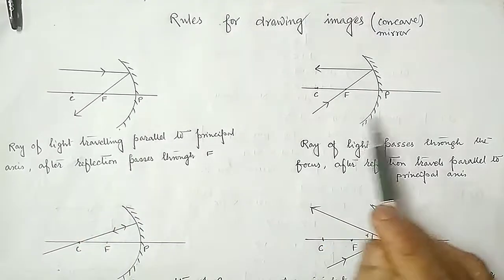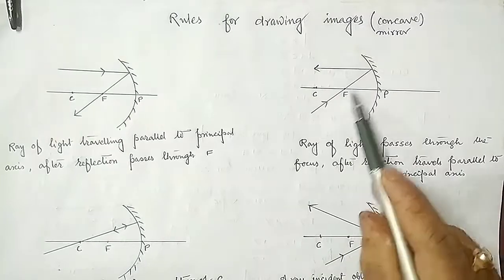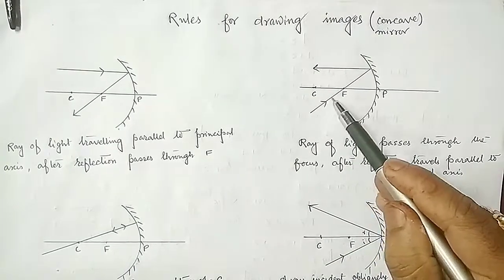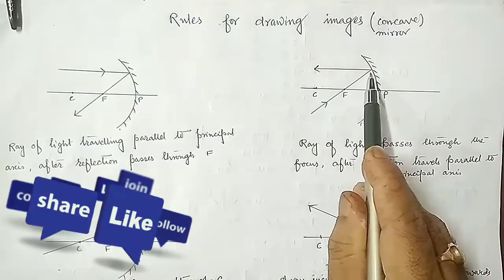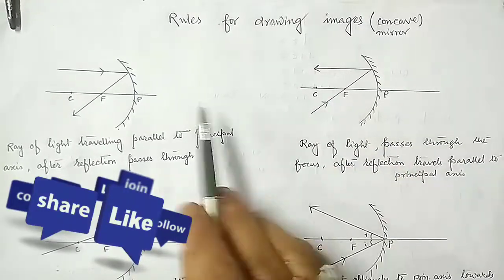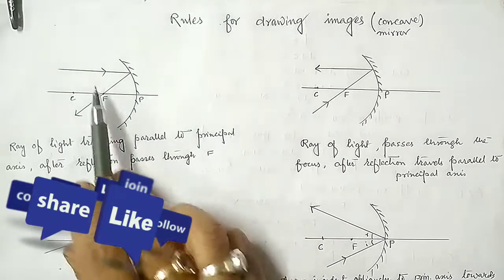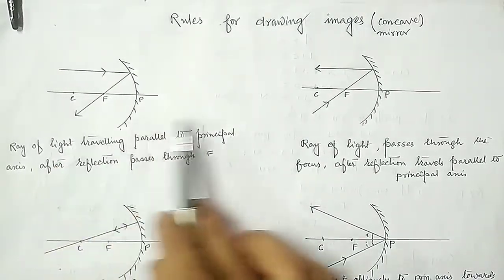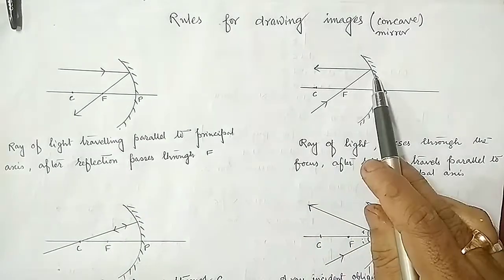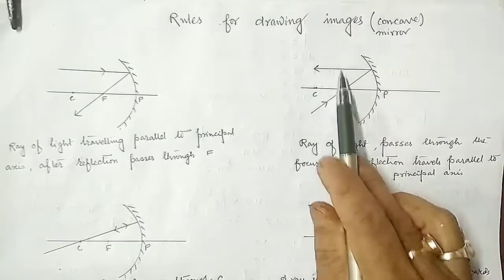Now rule number 2: any ray of light which passes through the focus of a spherical mirror, after reflection travels parallel to the principal axis. It is just the opposite of the first one. When the ray is parallel, it will pass through the focus, and when the rays pass through the focus, they will become parallel to the principal axis.